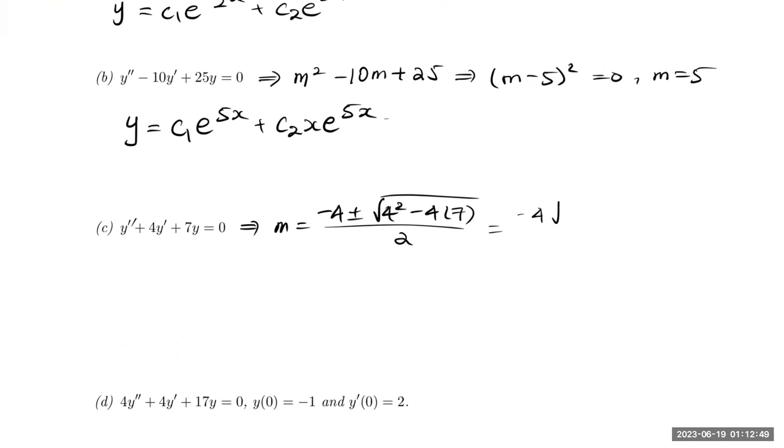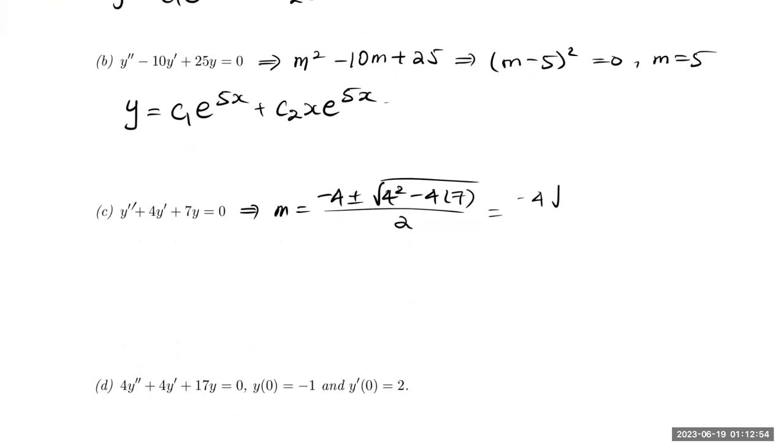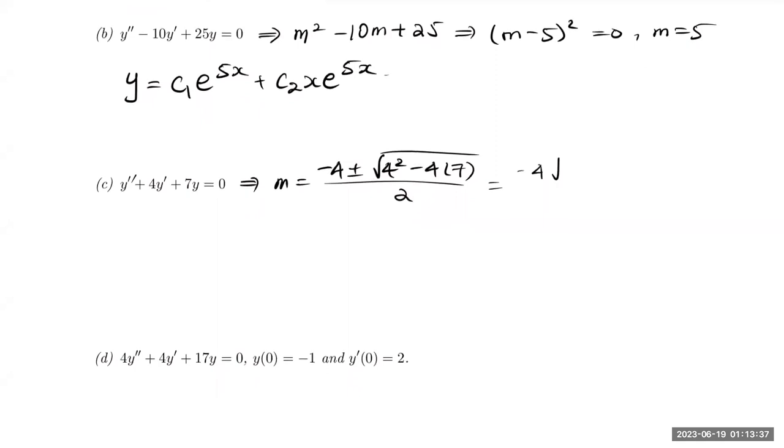So that's 16 minus 28. Sorry, so this should actually be 12, my bad. So that's plus or minus root 12, which I could actually write as 2 root 3, divided by 2. And so that means we would just get -2 plus or minus root 3 times i.